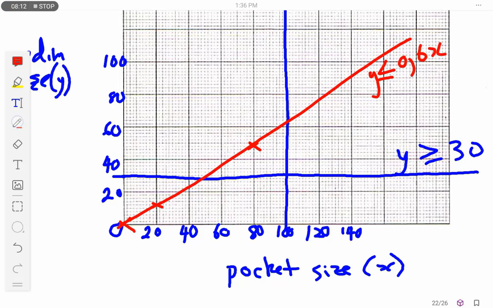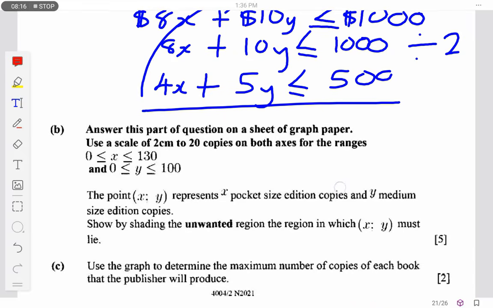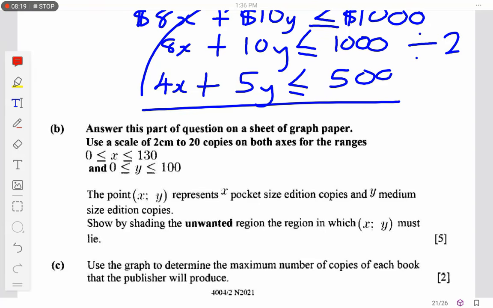Then the last one is saying 4x plus 5y is less or equal to 500. So let's do the same thing there. We can say our x, our y there. When x is 0, what is the value? When y is 0, what is the value?